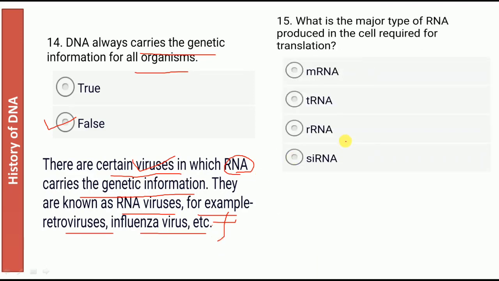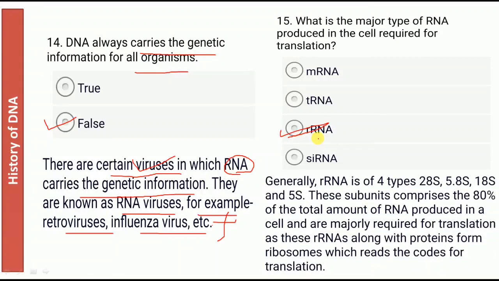Then 15. What is the major type of RNA produced in the cell required for translation? Is it mRNA, tRNA? It is the ribosomal RNA, which is abundantly found. Generally, rRNA is of 4 types: 28S, 5.8S, 18S and 5S.